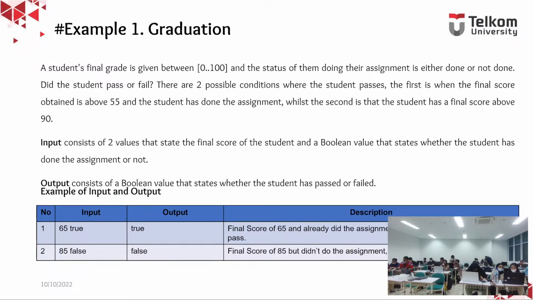Okay, so we need to understand that first, and we can look at the example below in the table. The output consists of two parts. The first one is the final score, and the second one is the Boolean value that represents whether the student has already done the assignment or not. And the output is true or false that represents whether the student passes or fails.